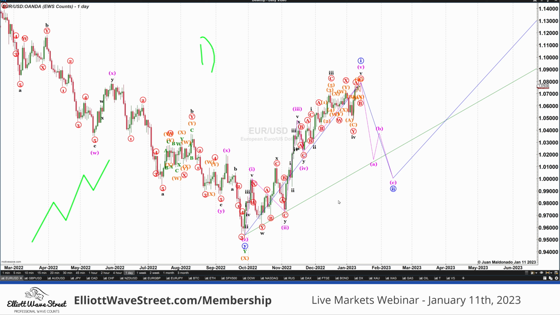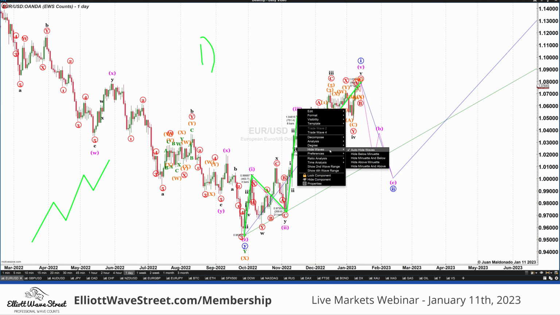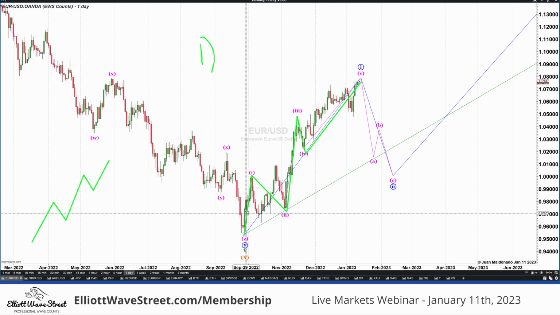So to keep things extremely simple, here we have our 1, 2, 3, 4, and we are in the wave 5. As you can see, actually, let me hide some of these waves so you can see that better. We are in the last leg of the impulse.